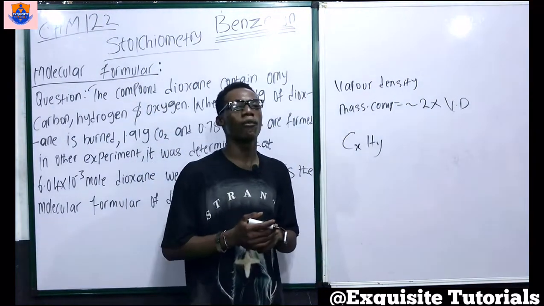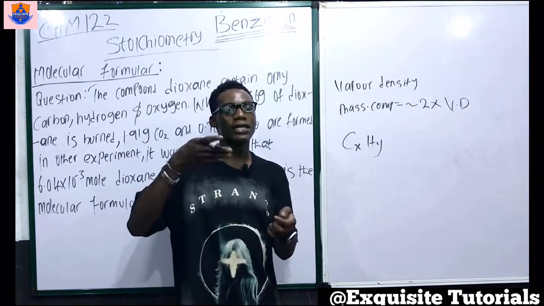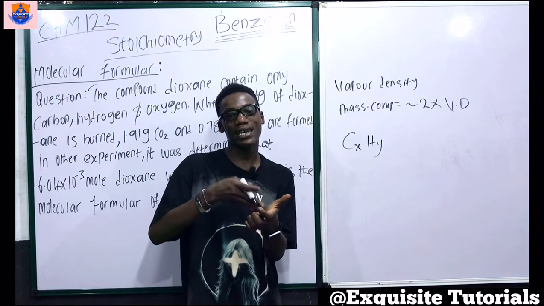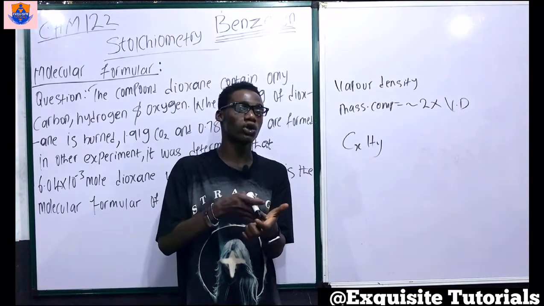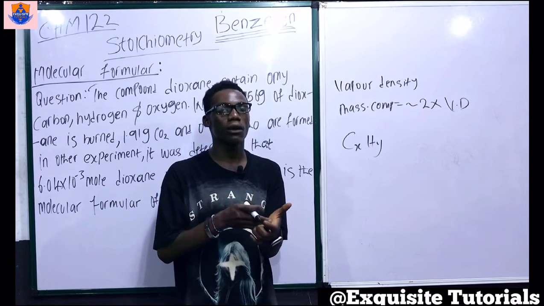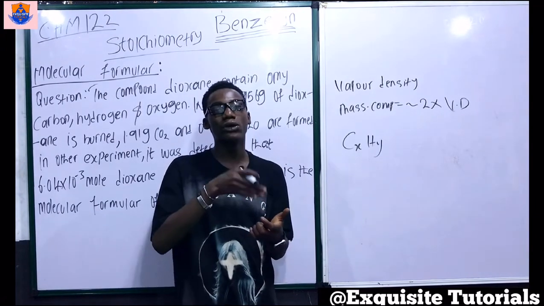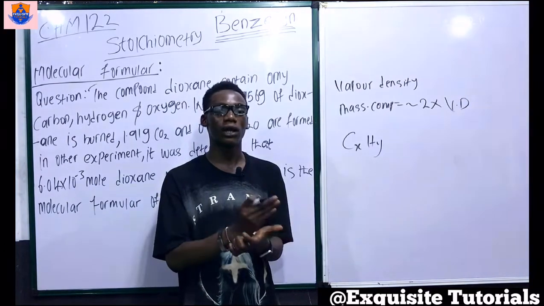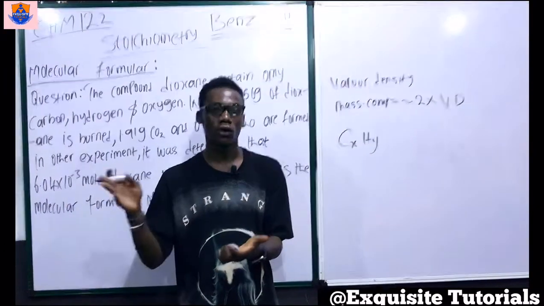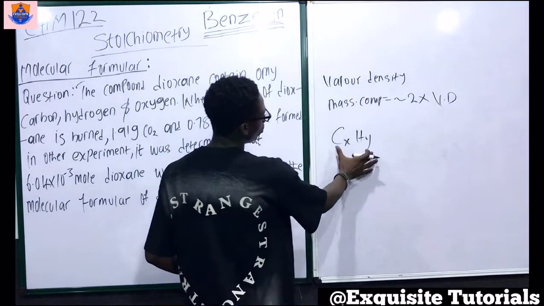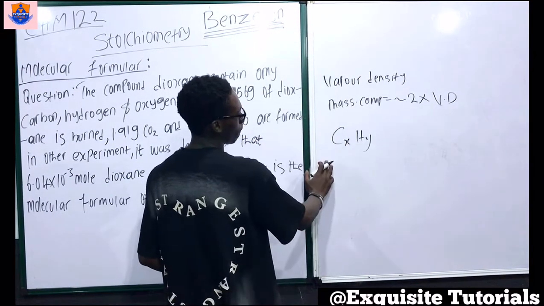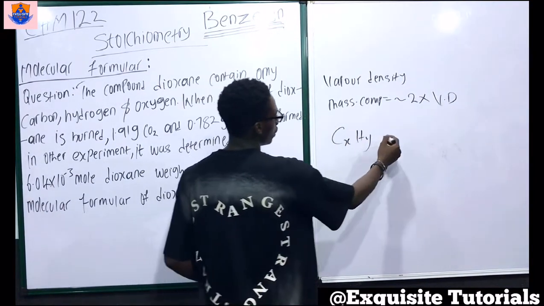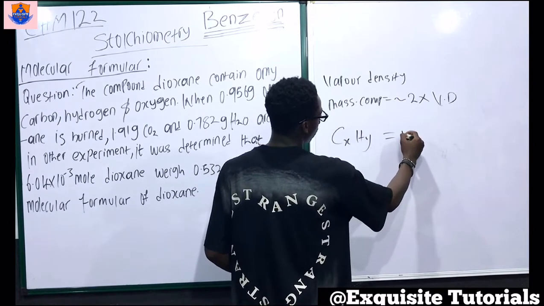Remember, in empirical formula we discussed that it gives us the elements found in the compound but not the real compound. Molecular formula tells us the real compound. It tells us the real atoms that are in that compound.